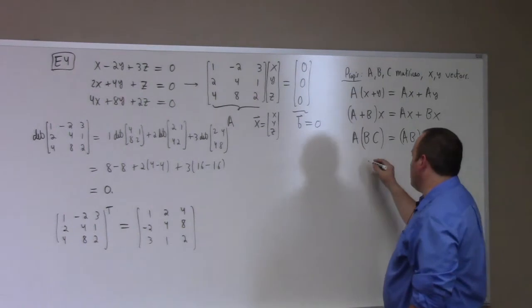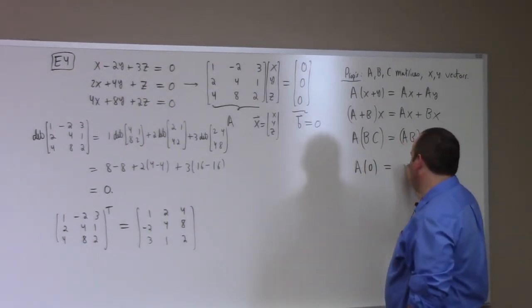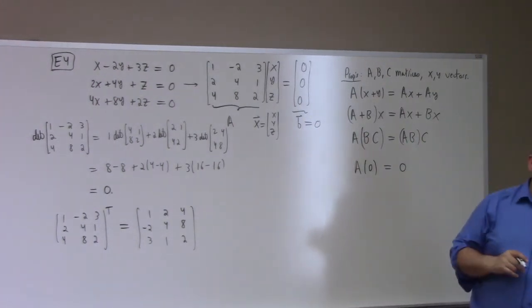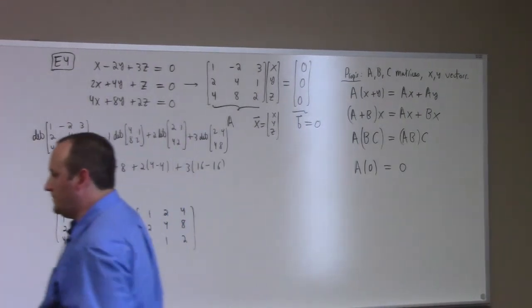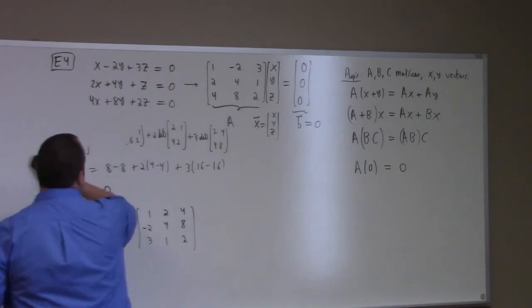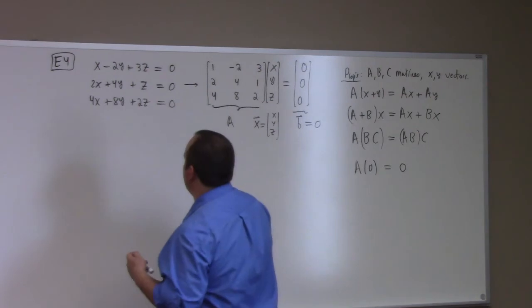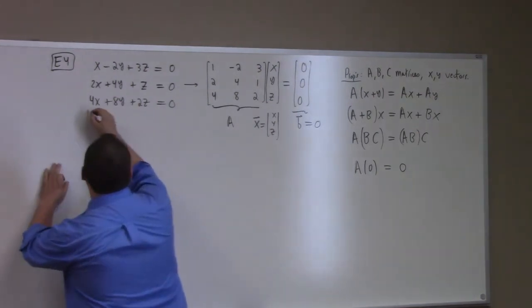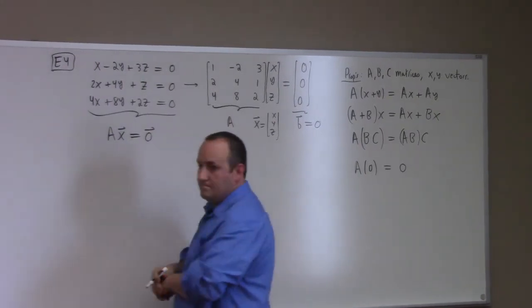Another property of matrix multiplication, this one's kind of an important one, is if I take a matrix times the 0 vector, I get back the 0 vector again. Okay? So the matrix times the 0 vector will give me the 0 vector again. So this example 4, with that property in mind, starts to become obvious. Is there a solution? Is there no solution? Right? So in other words, this is really A times X equals 0, right?